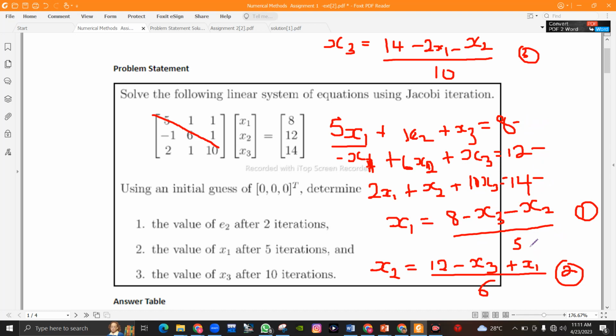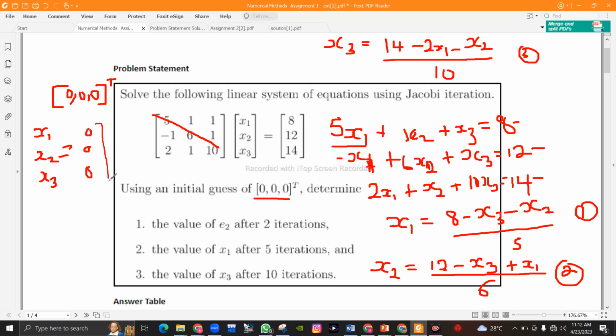So now, for your Jacobi iteration, you should be given an initial value. And this is the initial value, the initial guess, which is 0, 0, 0, then transpose, meaning that x1, x2, x3 is equals to 0, 0, 0.